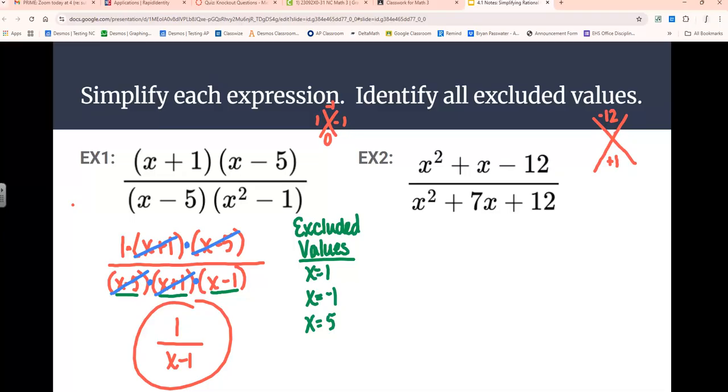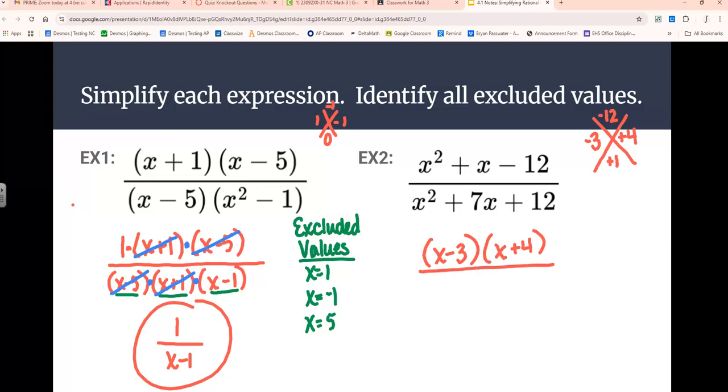Okay, 3 and negative 4 is almost right. 3 plus negative 4 gives me a negative 1. I need a positive 1, so let's do negative 3, positive 4, right? So that top factors into x minus 3, x plus 4.